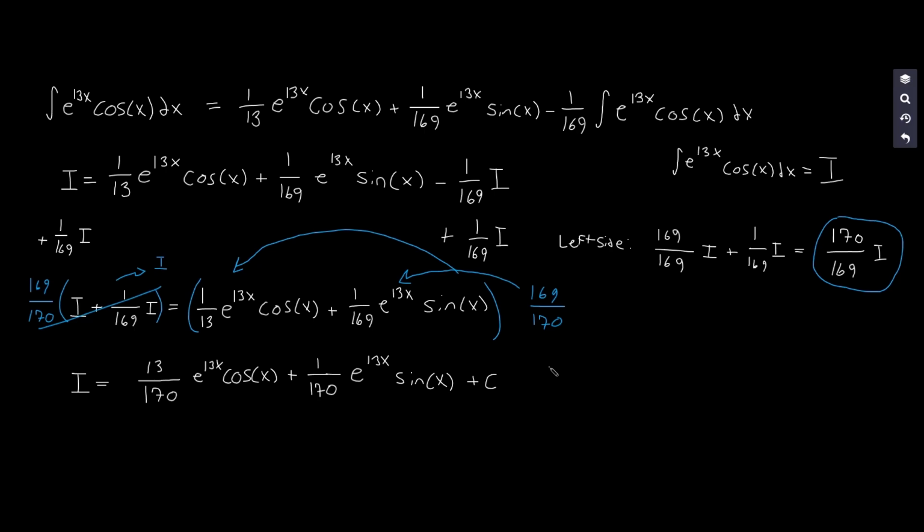But another way that we could end up writing this is if we wanted to put this whole thing over 170, we could. So it is 13 times e raised to the power of 13 times x times cosine of x plus e raised to the power of 13 times x times sine of x.